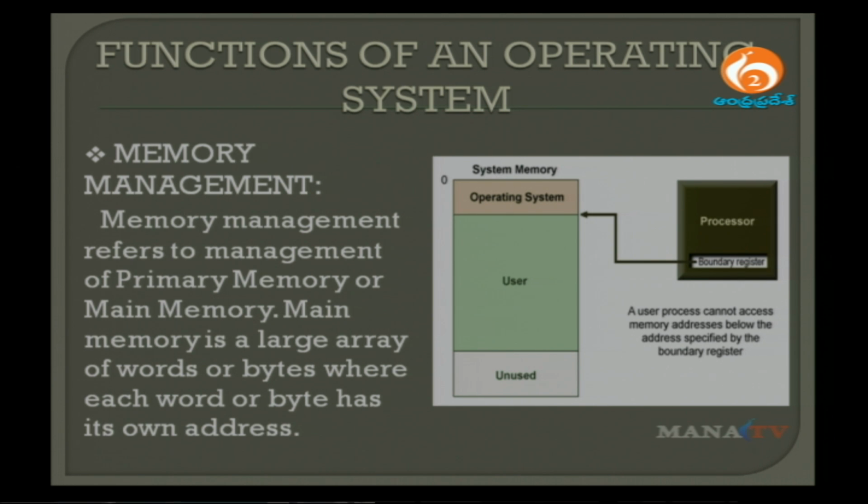So, from the operating system to the processor, we have a boundary register, and the meaning of the boundary register is that a user process cannot access memory addresses below the addresses specified by the boundary register. So, the boundary register plays a most important role.